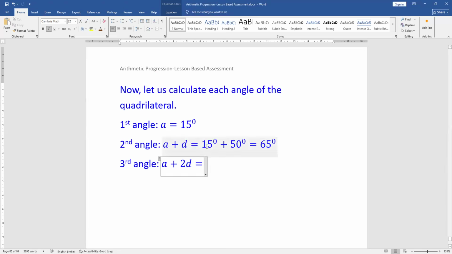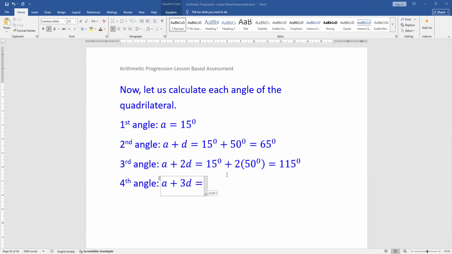Which is nothing but 15 plus 2 into 50 degree. That is equal to, 2 into 50 is 100, 100 plus 15 is 115 degree, right? And the fourth angle is A plus 3D.